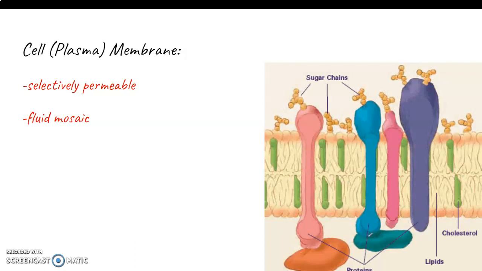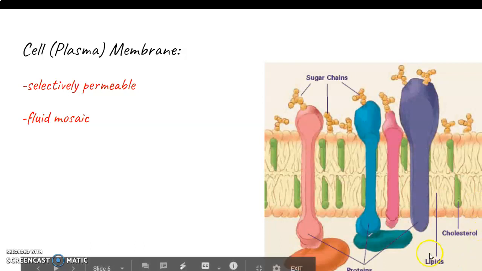You'll see the phrase that comes second here on the screen being fluid mosaic. Those of you who know anything about art know that a mosaic is oftentimes a picture that is made out of tiles, different colored tiles assembled in the correct way, and you step back from it and a picture of something has been created. That's because the cell membrane, as you can see here, is made up of a whole bunch of different pieces.